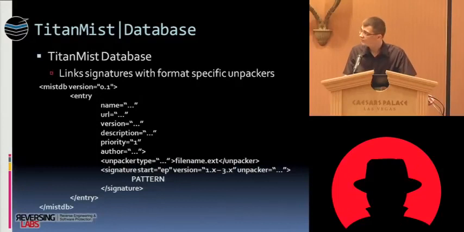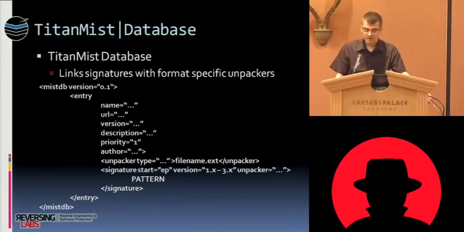So you can have multiple signatures for a single format. One entry would be, let's say, UPX, and you can have multiple signatures for the UPX file format. Correlated to that, you have unpackers, which you can have multiple types of, and we're going to talk about that a bit later. Once you have a match, the available unpackers can be called, so the process of unpacking is automatic.